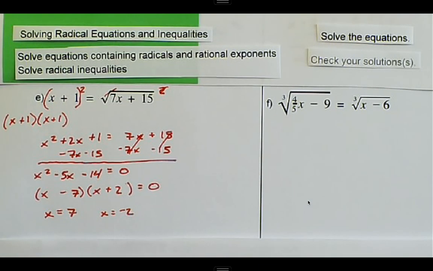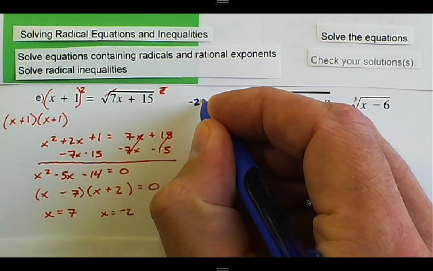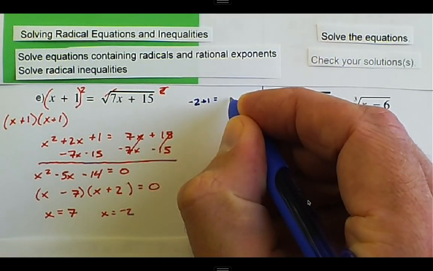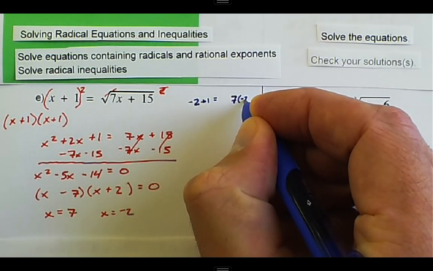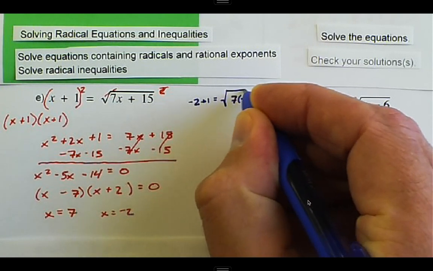So now we have to check to see if these are both actual solutions. And so we can substitute in negative 2. So negative 2 plus 1 is equal to the square root of 7 times negative 2 plus 15.